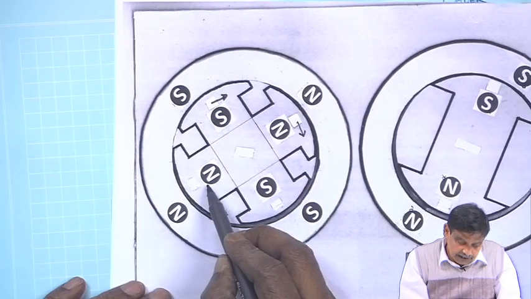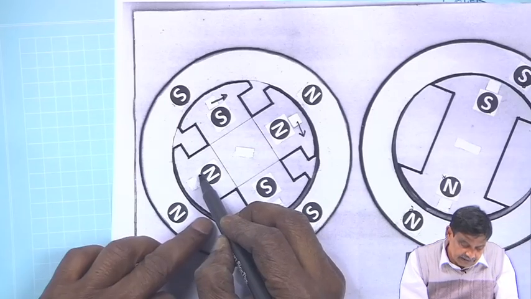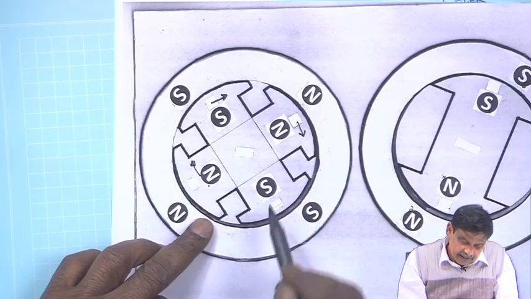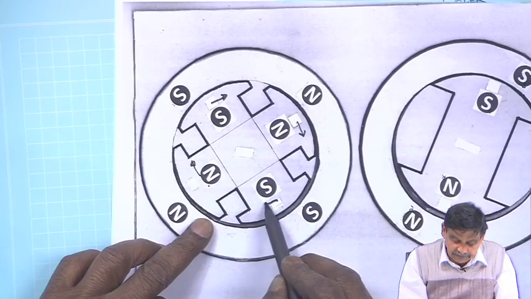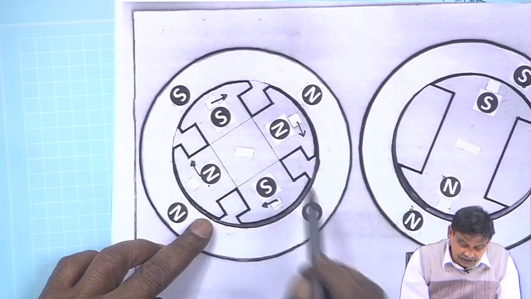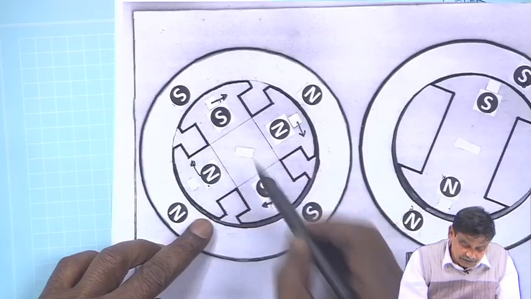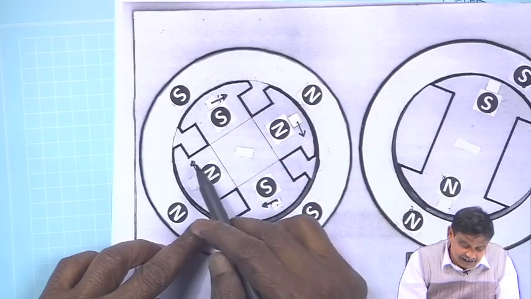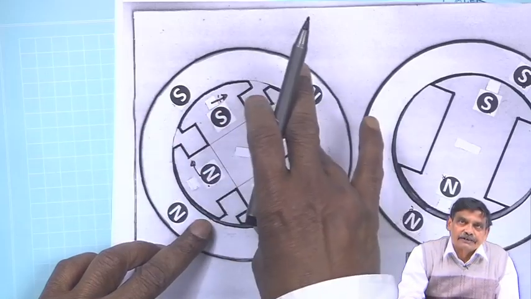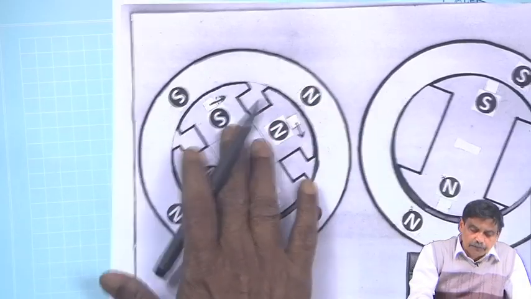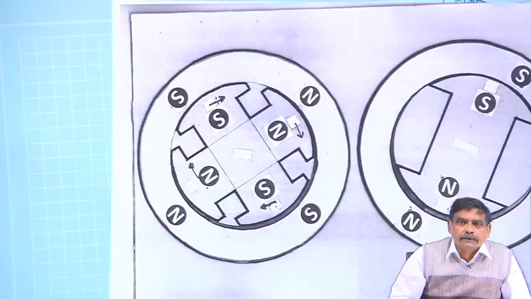This north pole, as you can see, will be repelled like this, and this south pole will also be repelled by this. So, this rotor will have torque because of these two forces and these two forces, and it will start moving in this direction. So, in any position you place them, you will find net torque exists.